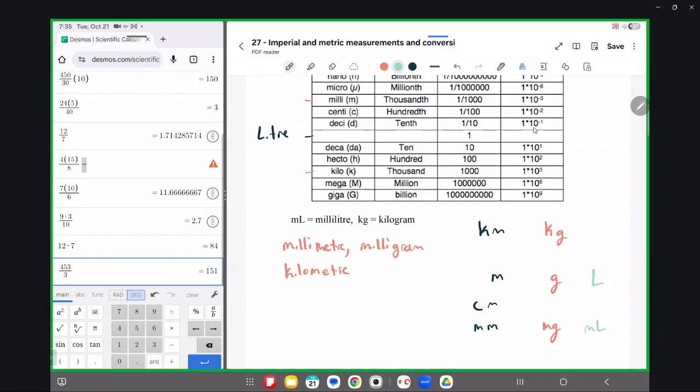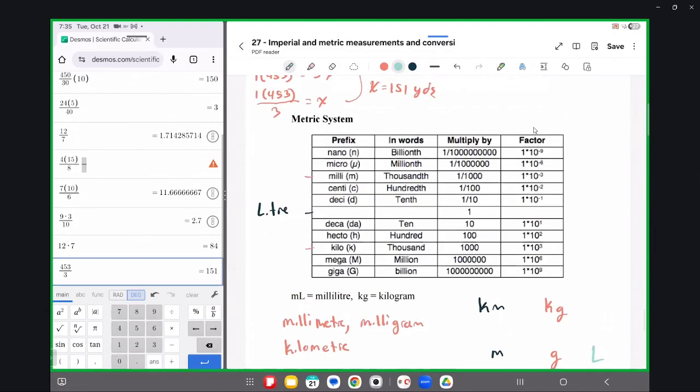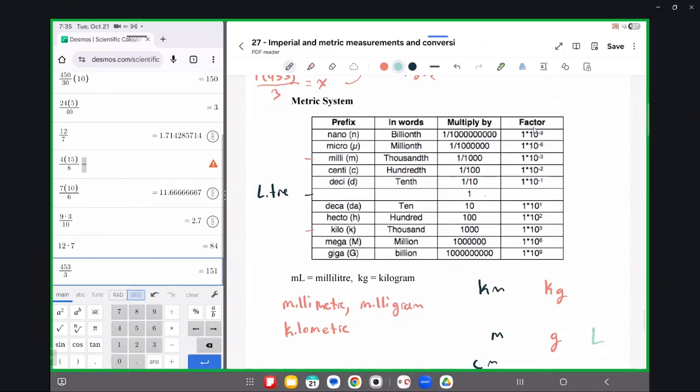But the ones that do exist in between are based upon powers of 10. So here, if we start at this one, for our purposes we'll use the meter to help understand this. If we have 1 meter, there are 10 meters in 1 decameter.